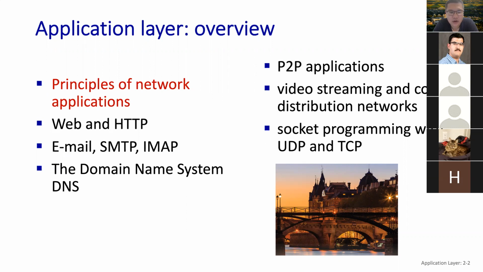We also will talk about the domain name system, DNS. So you don't need to input an IP address; instead, you can use DNS to find your web service. And we will also talk about P2P applications, video streaming and content distribution networks, and socket programming with UDP and TCP.